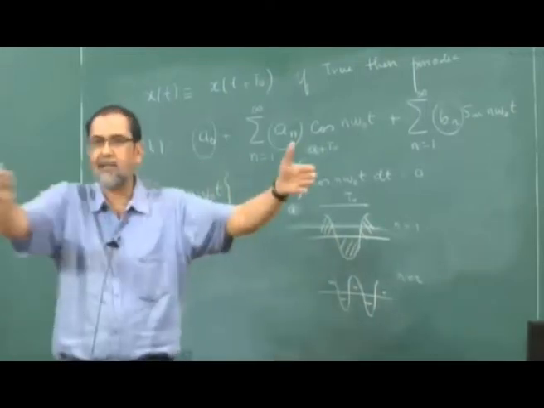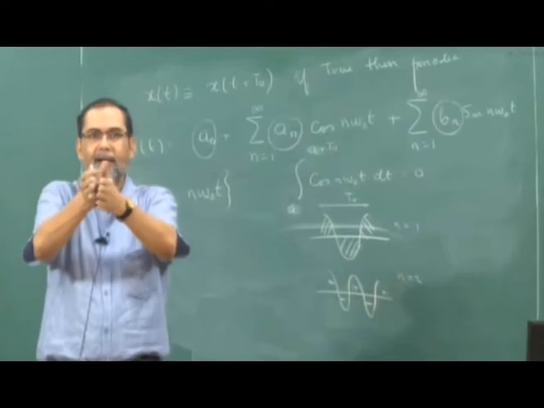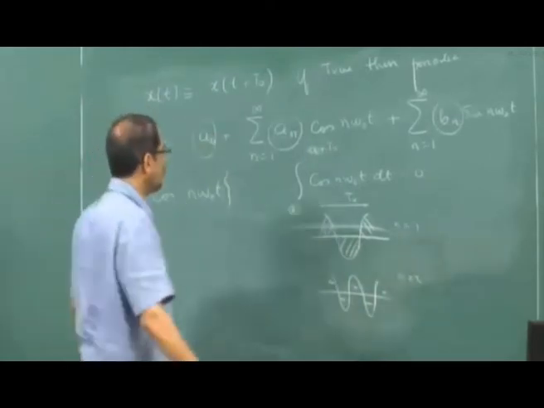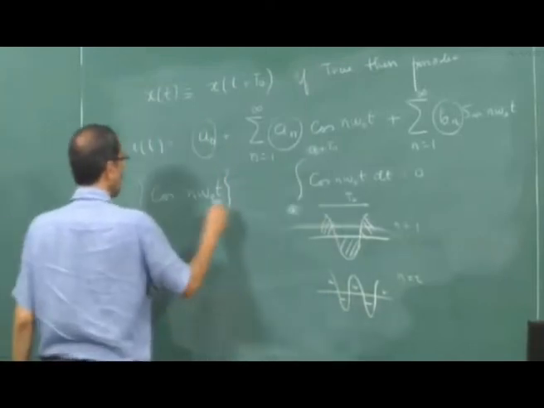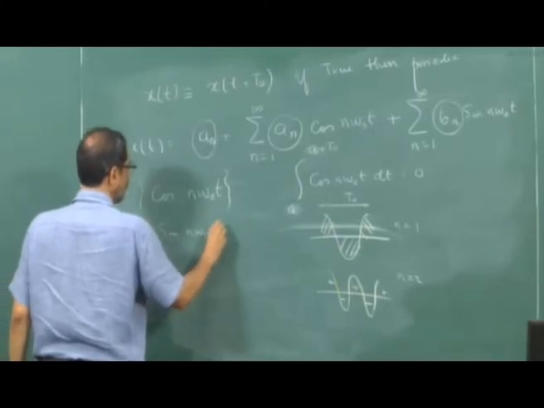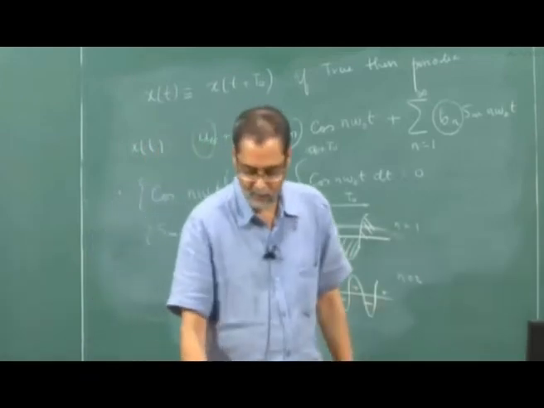You can start anywhere, and going up to a plus t naught, you integrate, it integrates to 0, that is the property. Similarly, the same thing holds good for sine n omega naught t, it also integrates to 0. That is the first idea that Fourier said.